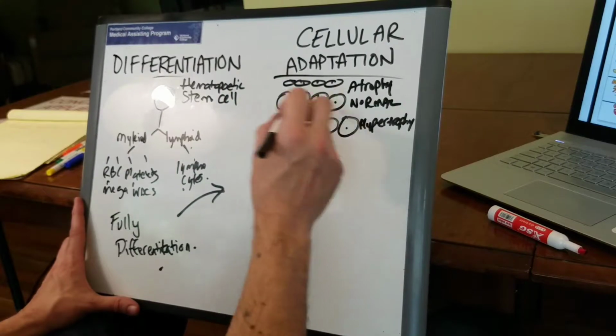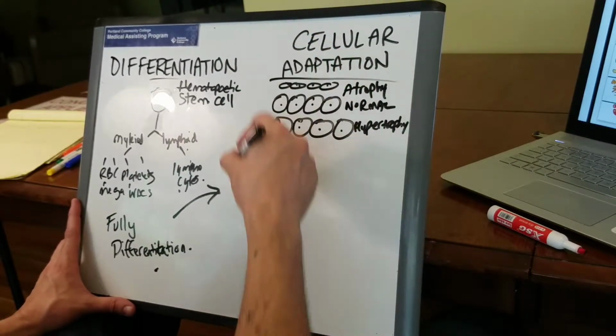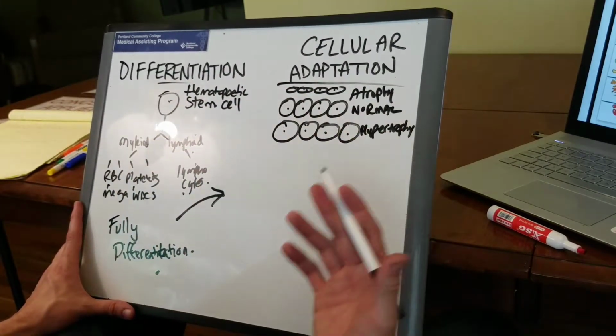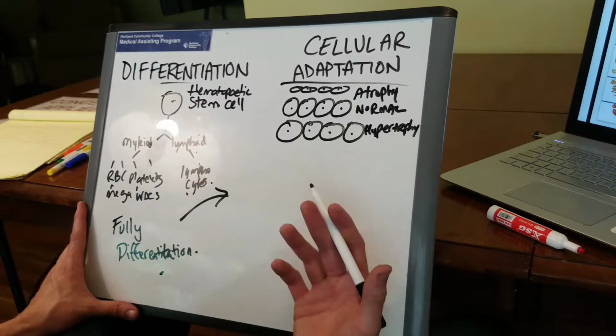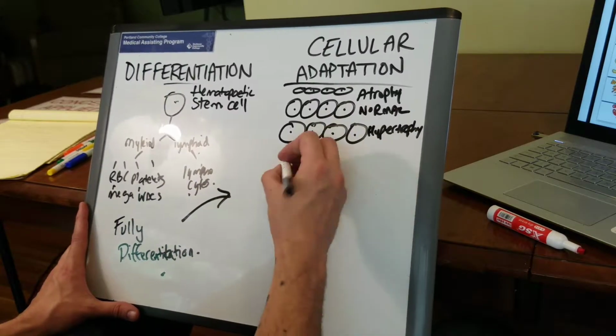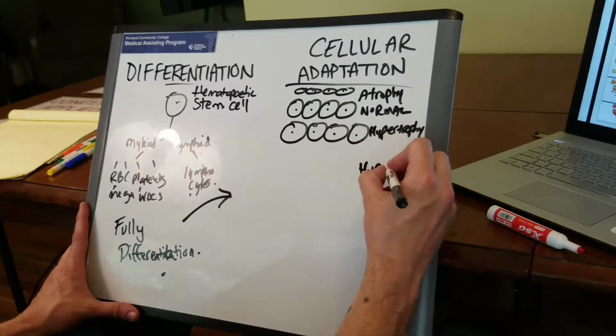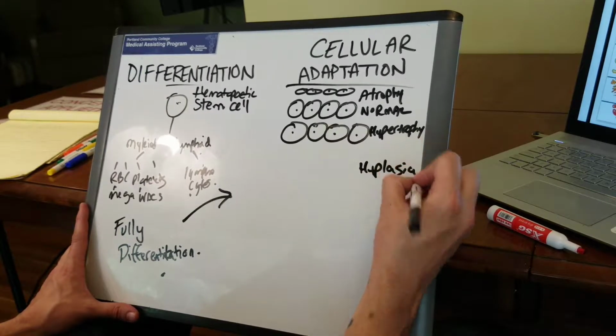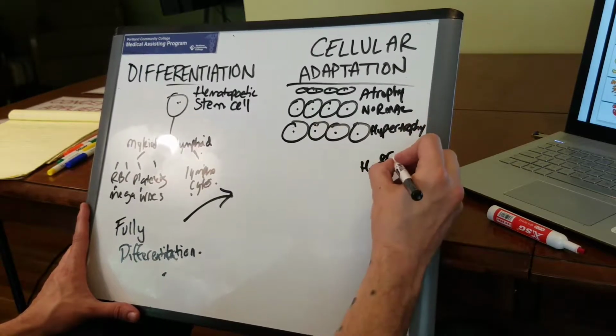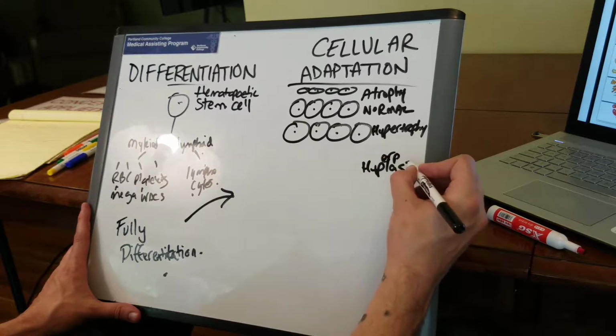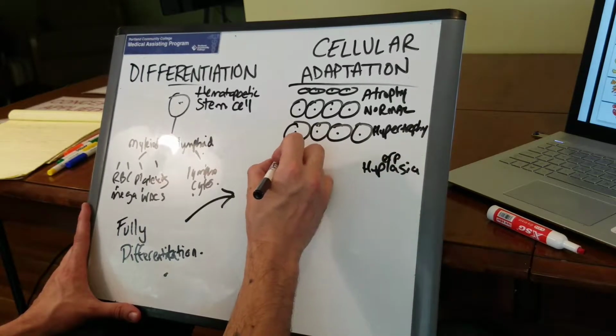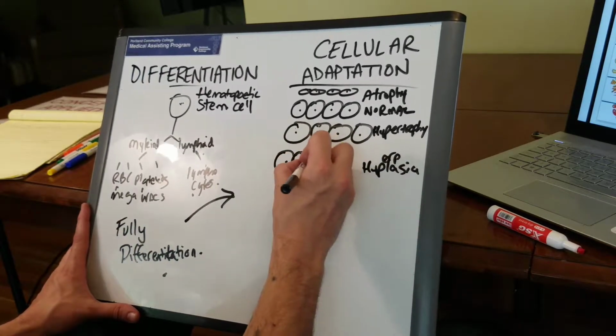Where it starts to go from these types to being less differentiated, not so useful, is if they become hyperplastic, or hyperplasia. Excuse me, I spelled that wrong. Hyperplasia is when these cells become more numerous.